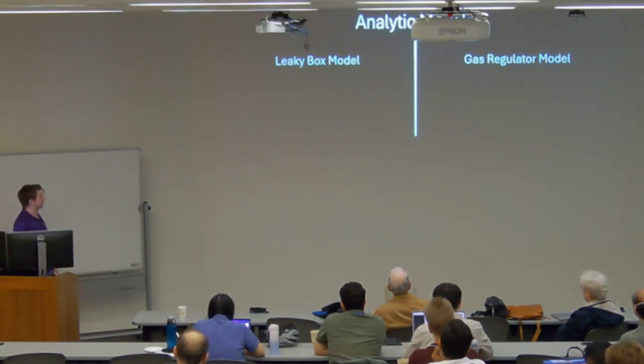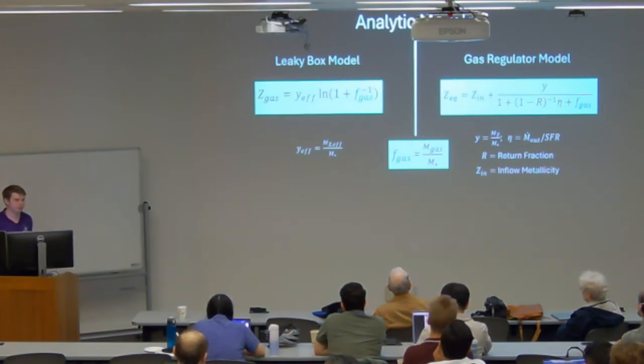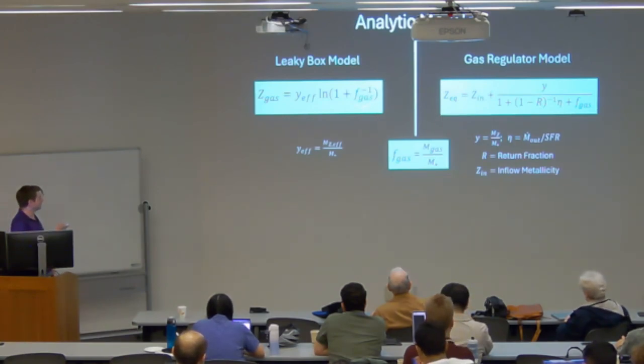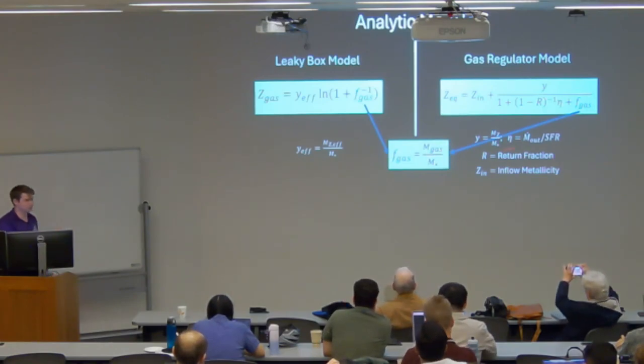And then there's the gas regulator model, which more explicitly takes into account the effects of inflows and outflows. But without rederiving anything, the real point here is that after making assumptions, both models allow you to write out an analytic form of the gas phase metallicity, and you'll notice that both of these forms are dependent on this parameter f_gas, which is here defined as M_gas over M_star.